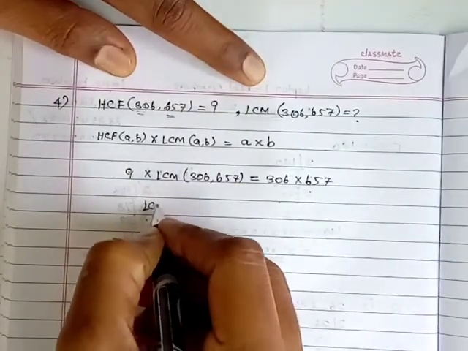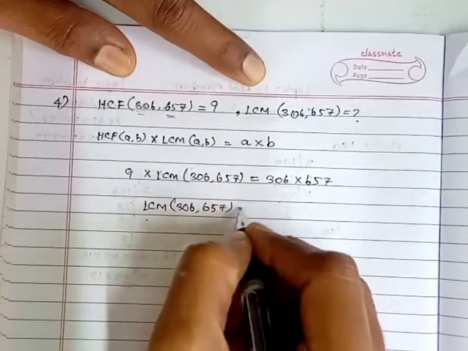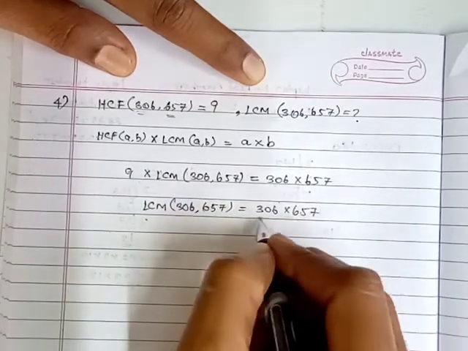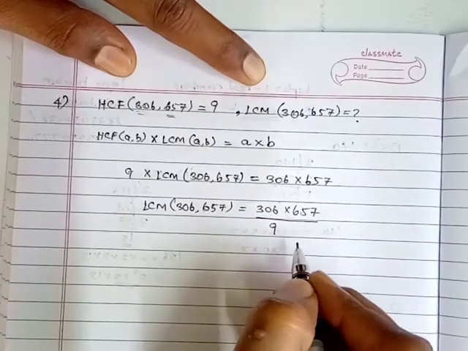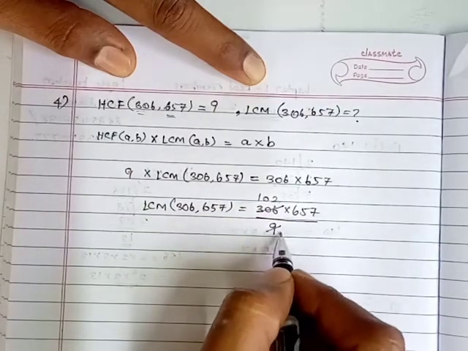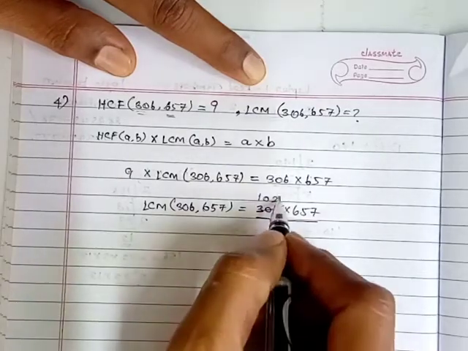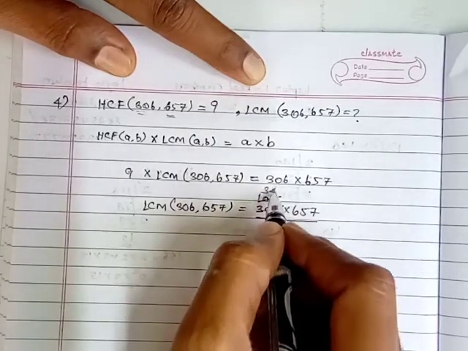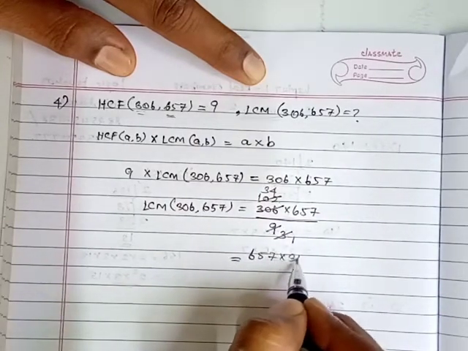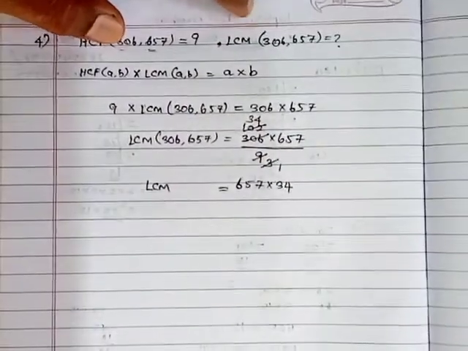So LCM of 306, 657 is equal to 306 into 657 divided by 9. Now we cancel this by 3: 102 here, and this is 3. Again we can cancel: 1 time and 3 times, balance 1 4 times. So we have 657 into 34. That is the LCM of 306 and 657.